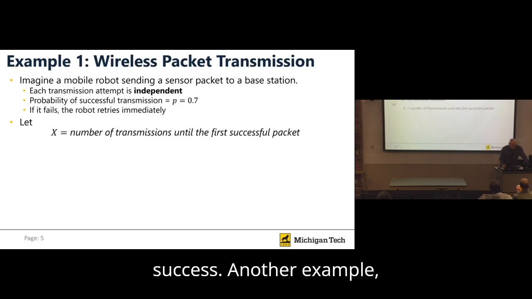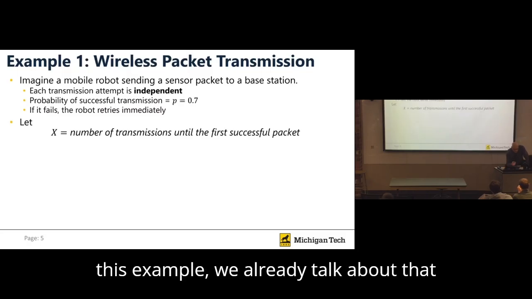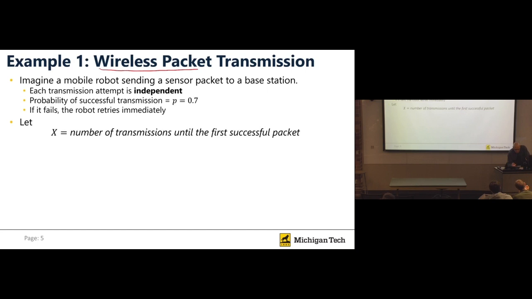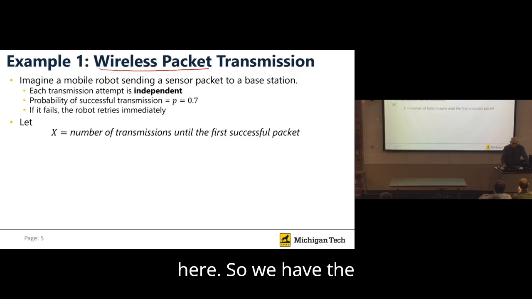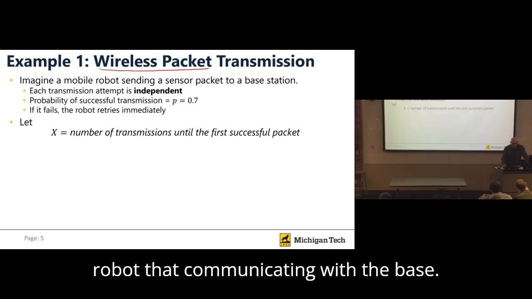Okay, another example. We already talked about this in your iClicker, but we're going to explain it more here. We have the same scenario: a robot communicating with the base.